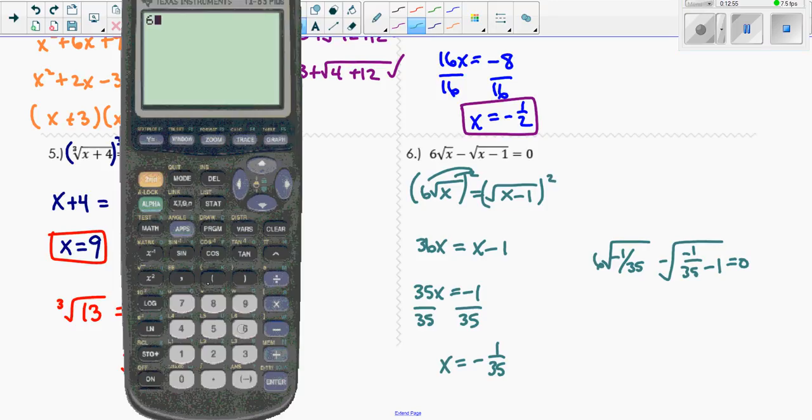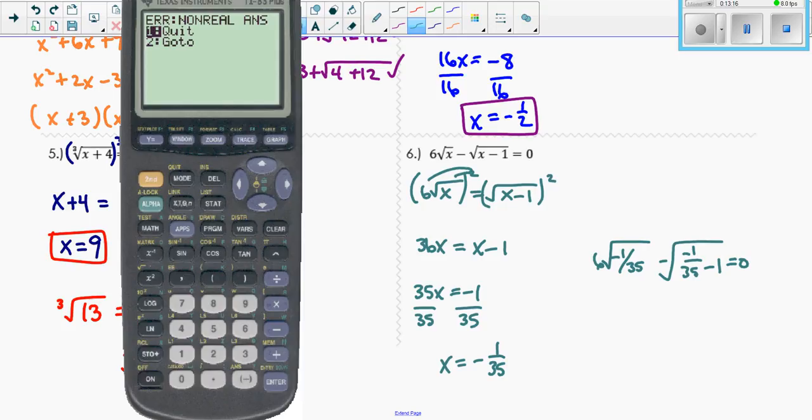Alright, so when I put it in my calculator, I want to be careful how I put it in. I'm going to have 6, and then the square root of negative 1 divided by 35. And so here's the thing, we really didn't need to use our calculator because my calculator can't do this anyways. So notice it says non-real answer.